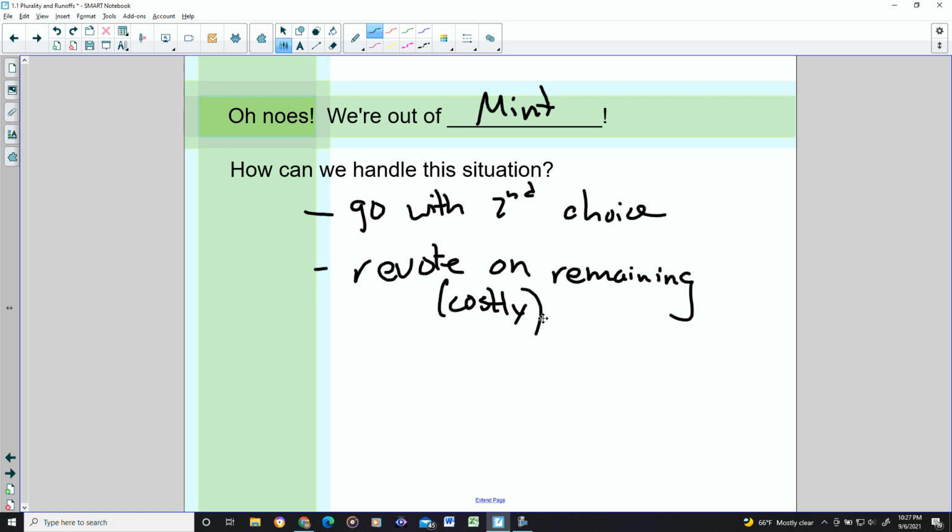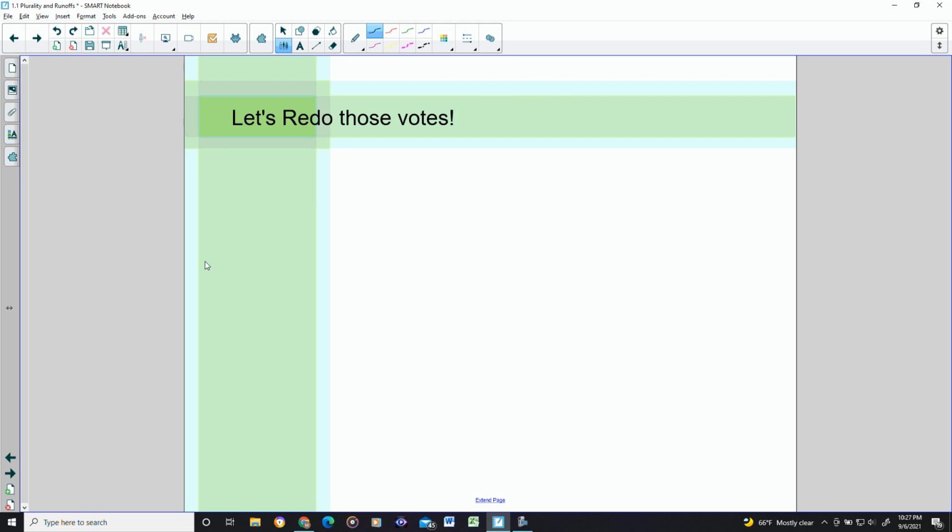If you can, costly, but effective. And that's important. And that's actually what a lot of places will do when this sort of situation comes up. Okay, so we redo the votes, and now in class we'll probably redo this vote, but we don't have to worry about it here.